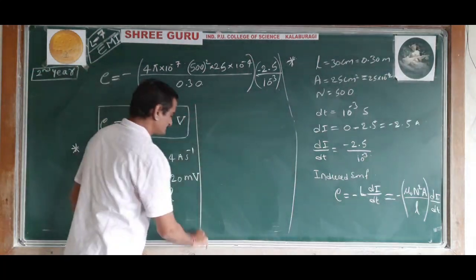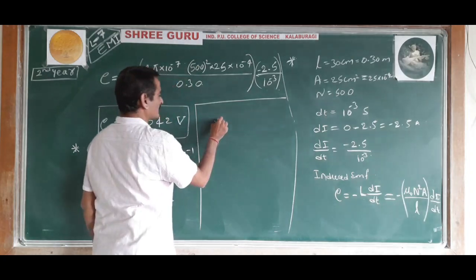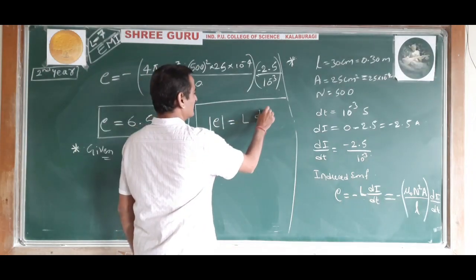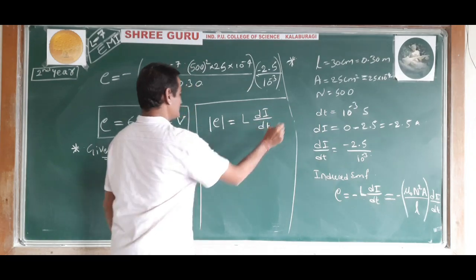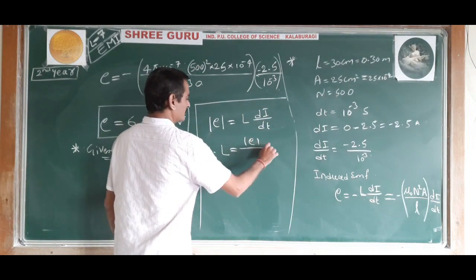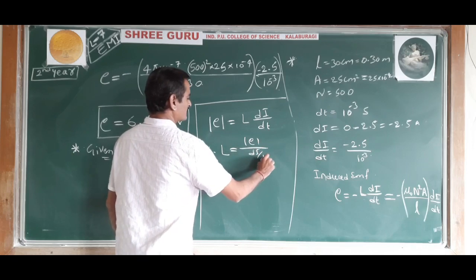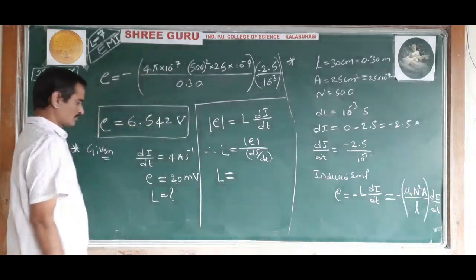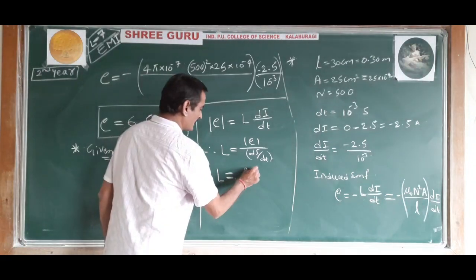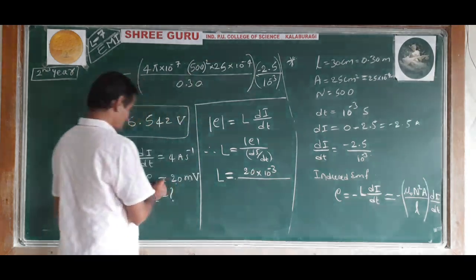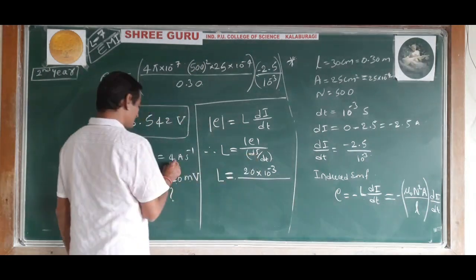We know that the magnitude of the induced EMF is given by E is equal to L di by dt. So therefore L is equal to E divided by di by dt. That's it, simple. E is 20 into 10 to the power minus 3, 20 millivolt, and di by dt is 4.